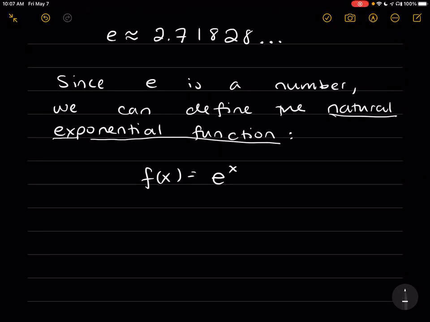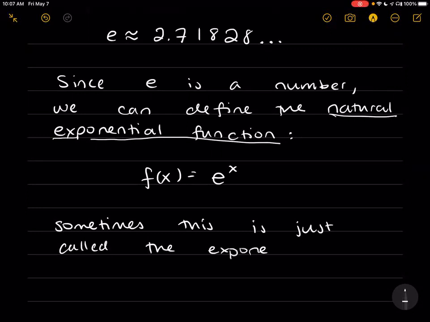Sometimes this is just called the exponential function. It's so important. In terms of exponential functions, this one is the most important.